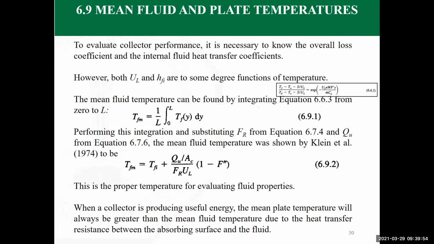It is equation 663, which is in the frame here on the top right.